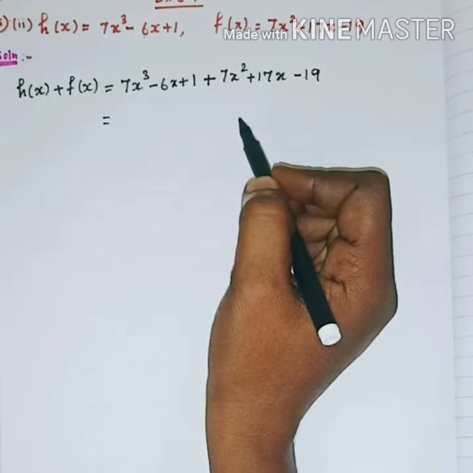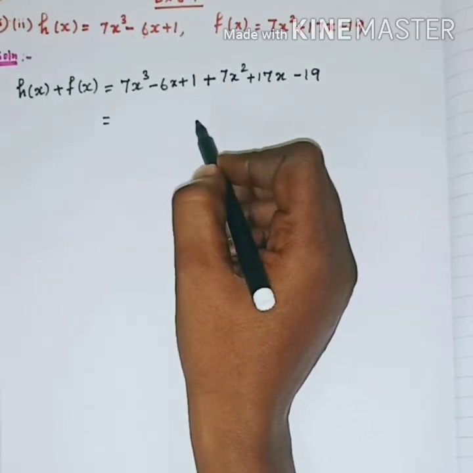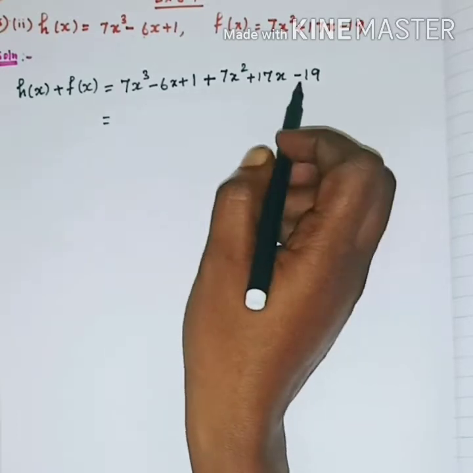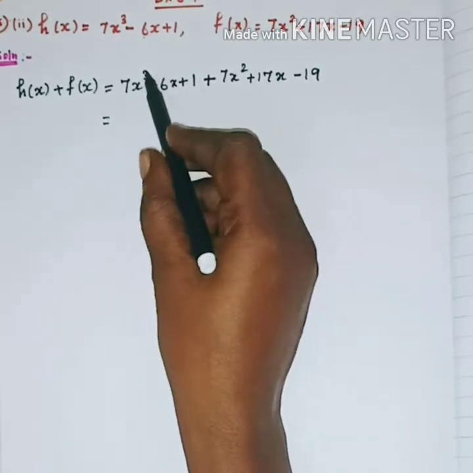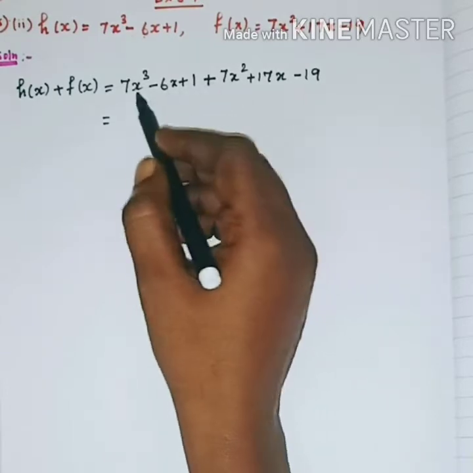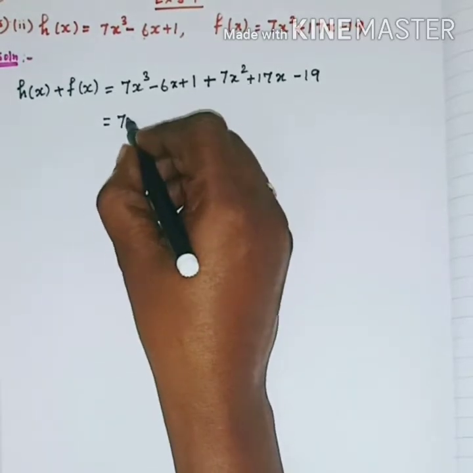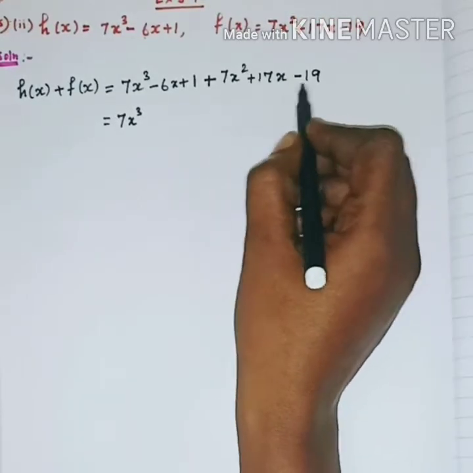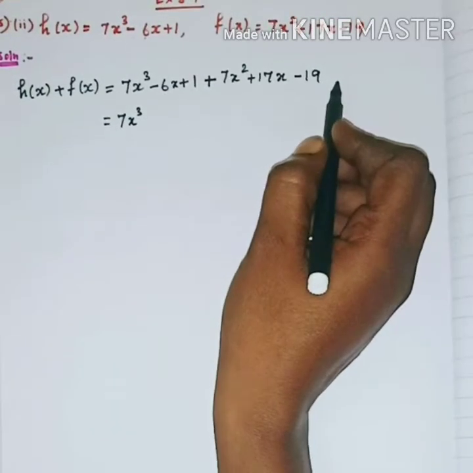So for that, first we have to combine the like terms together. So what are the like terms we have in this expression? 7x cube. No other x cube terms here. So write this 7x cube as it is. And then x square. Are there any other x square terms in this expression?